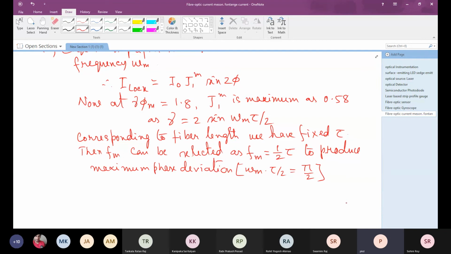One is OTDR, optical time domain reflectometry, which you must have heard about, which is used frequently nowadays to know where the break point is, if there is any break in the optical fiber link.